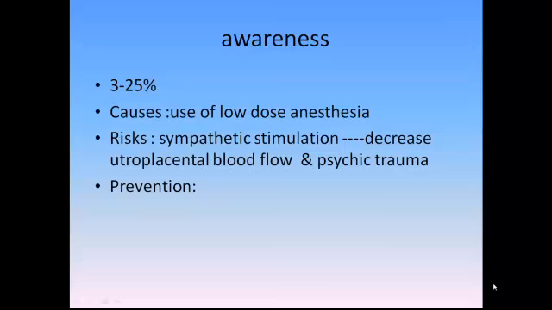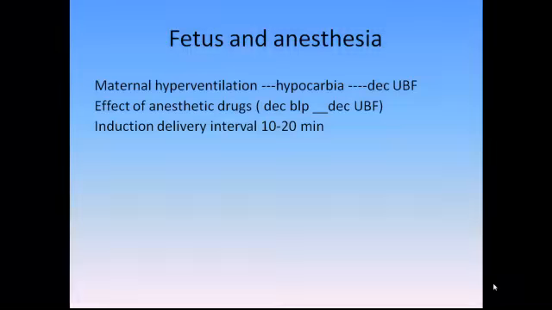This happens in 3 to 25% of the cases. It is caused because we use low dose anesthesia, and the risks are sympathetic stimulation, decreased uteroplacental blood flow, and psychic trauma. How to prevent this? By giving sedatives and reassuring the patient.